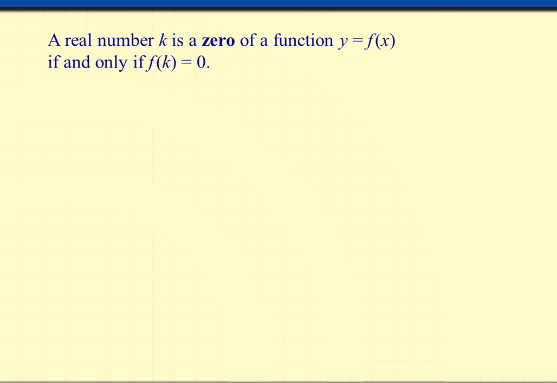In other words, K is an x value that gives us a y value of 0 when we insert that x value into the function. That's all a 0 is. A 0 is an x value that causes y to be 0. It's a fancy way to say it.